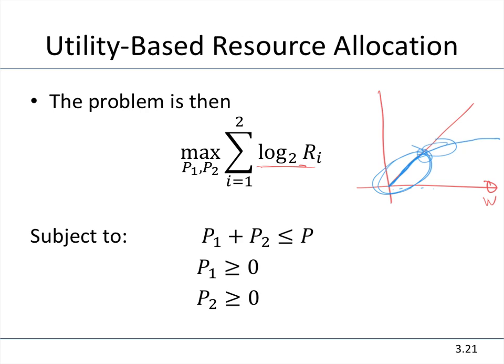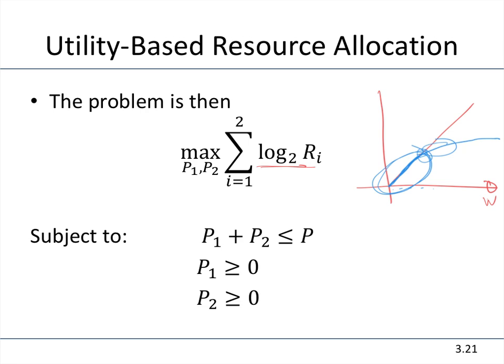So we use sometimes this trick to make the problem convex. So sometimes if Ri is not absolutely convex, if you take the logarithm of something like this, you actually convert it into the convex domain. So you transform the problem into something that's convex, and in that case, you can solve it using some very efficient techniques of convex optimization.